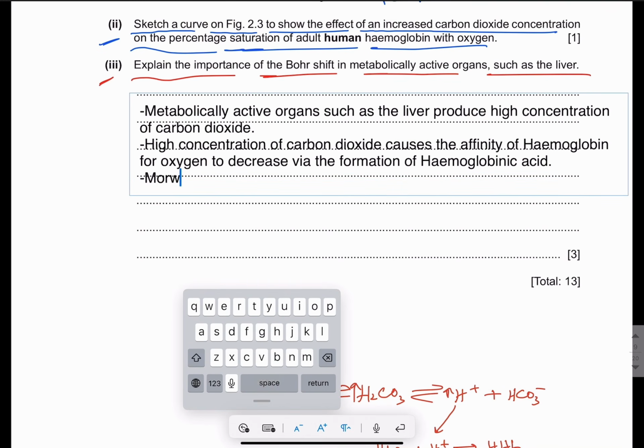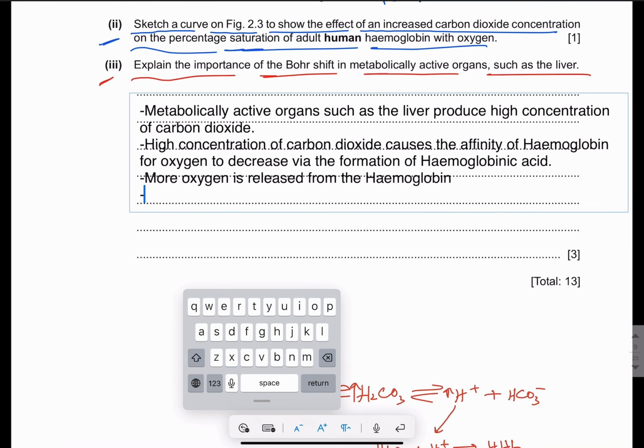So more oxygen is released from the hemoglobin. And the importance of Bohr shift is that this oxygen is used in respiration to generate ATP, and ATP is used in other metabolic reactions.